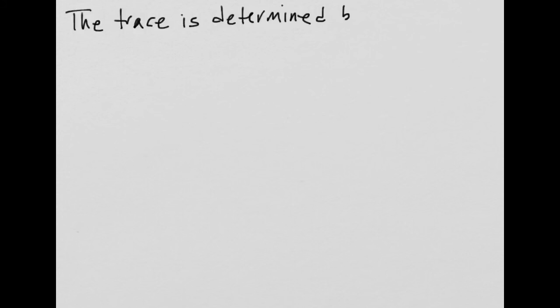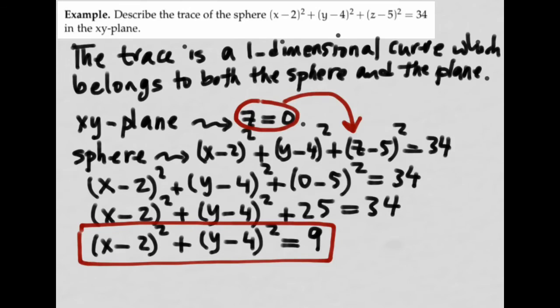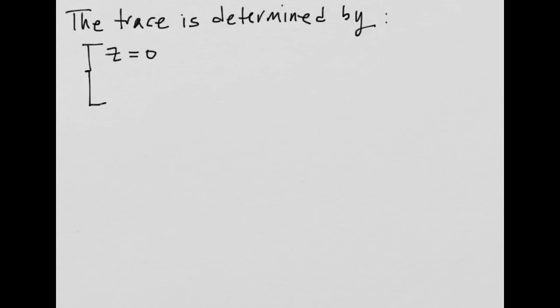So the trace is determined by the following two equations: z equals 0 and x minus 2 squared plus y minus 4 squared equals 9.